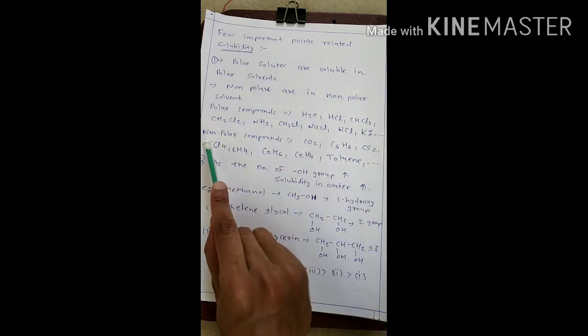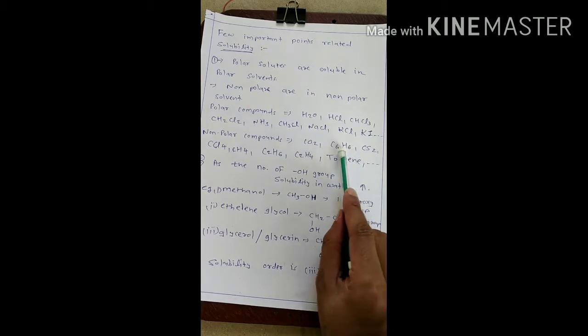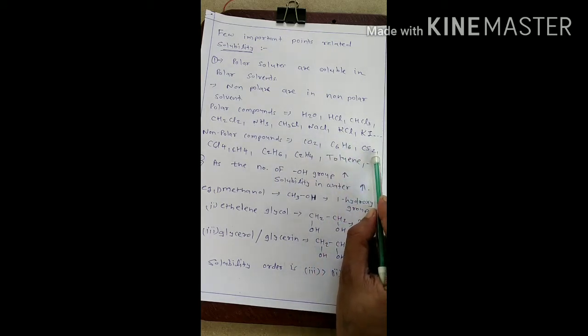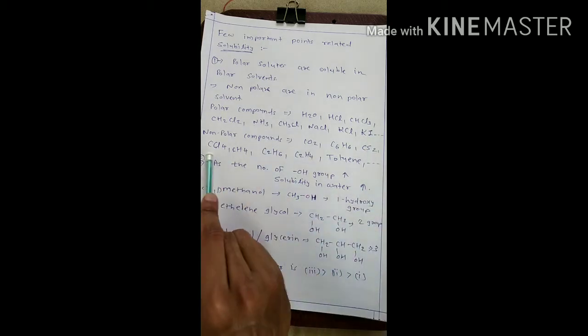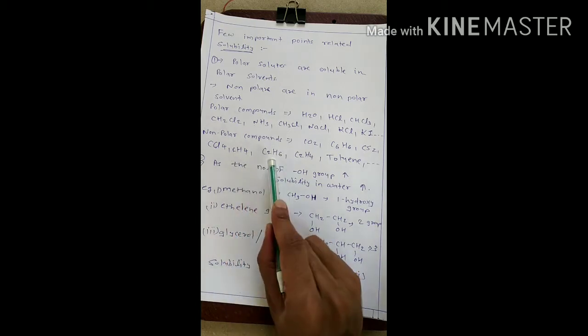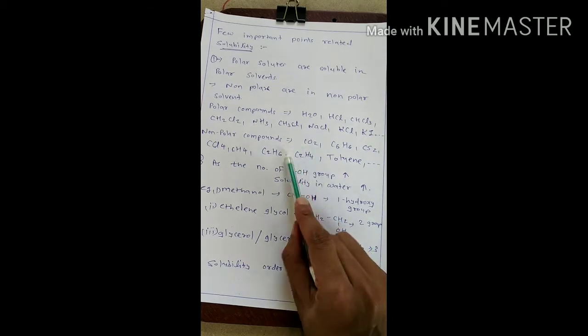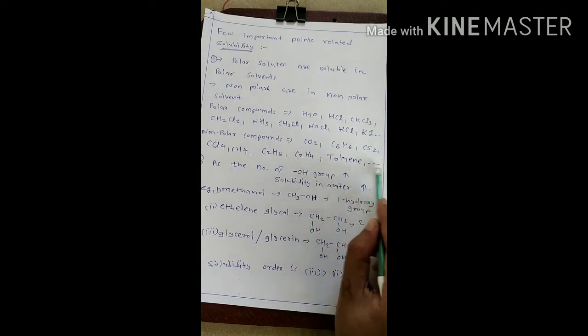Non-polar compounds: carbon dioxide, C6H6 that is benzene, CS2 that is carbon disulfide, CCl4 that is carbon tetrachloride, CH4 that is methane, C2H6 that is ethane, C2H4 that is ethene, toluene, etc.